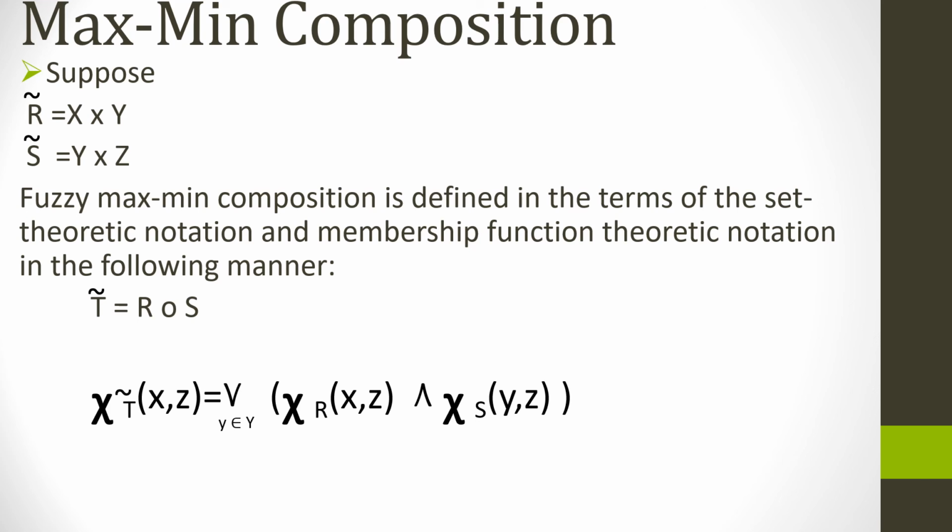The max-min composition defined on relations R and S is denoted by T. T is equal to R composed with S, and the formula is given. First, you take the minimum value between the two relations and then calculate the maximum value.